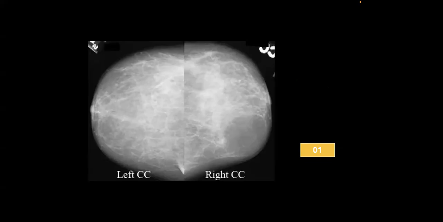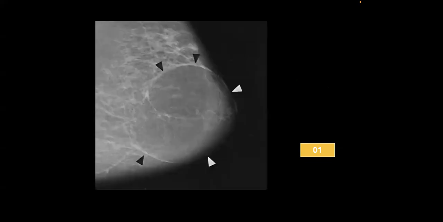Just to help you out, I have magnified the image.